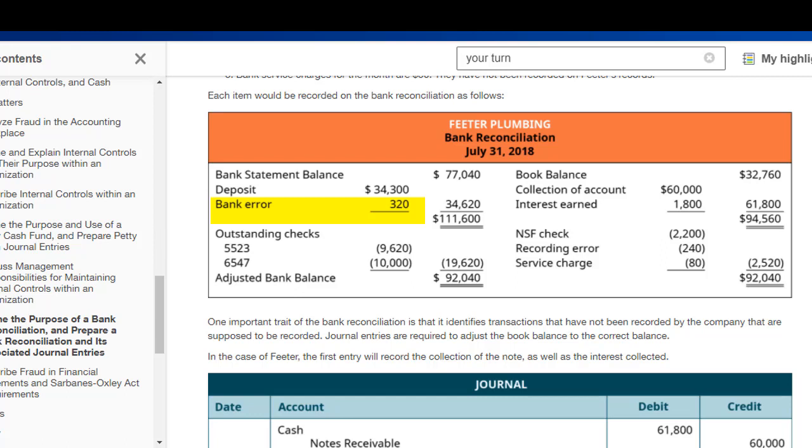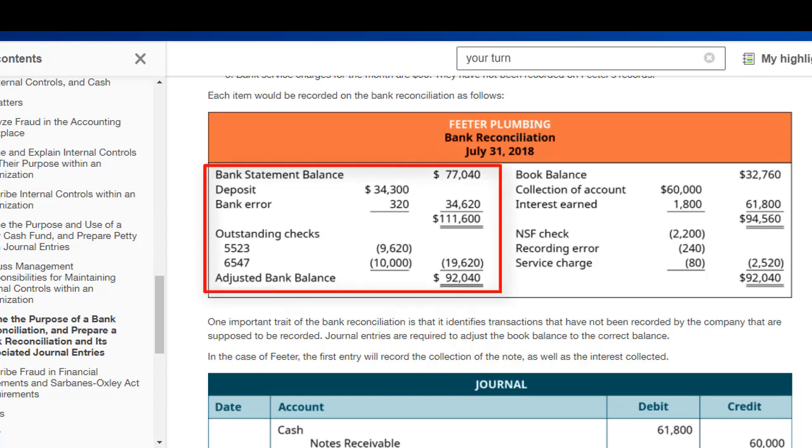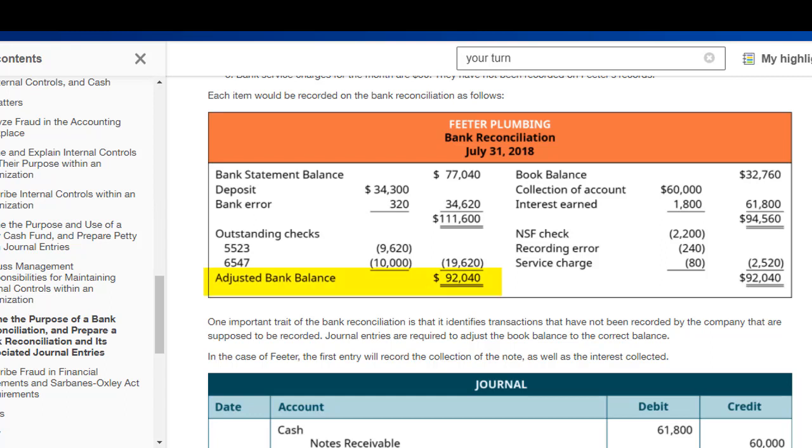That's very unusual for the bank to do that, but I guess it happens. And so after you correct the bank's balance for these errors and inform the bank of these errors, it turns out that the new bank balance that shows up on the website of the bank is $92,040.